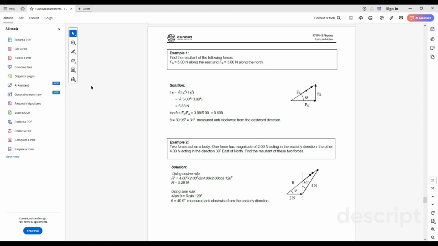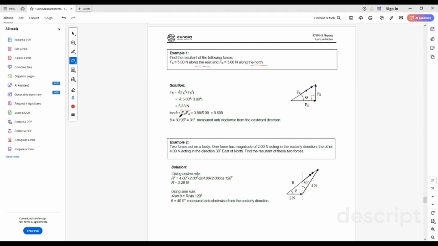Okay, let's start our first question. We have a force A that is 5 newtons and a force B that is 3 newtons, acting along the east and along the north. Since these two forces are perpendicular to each other, we can apply Pythagoras' theorem to get 5.83 newtons in the end.